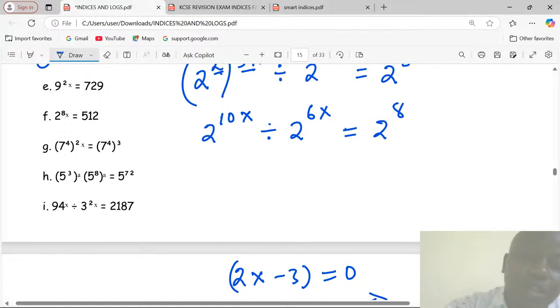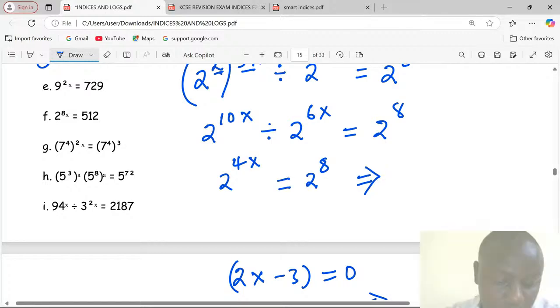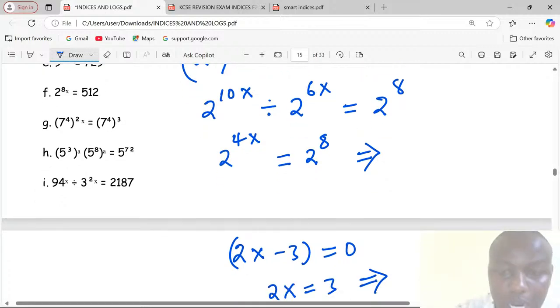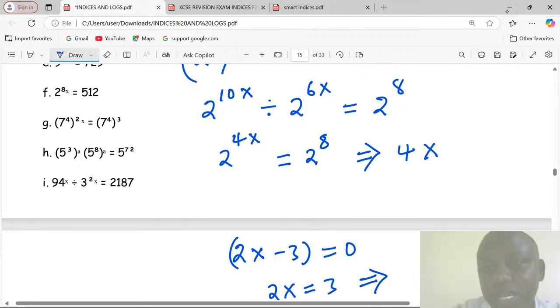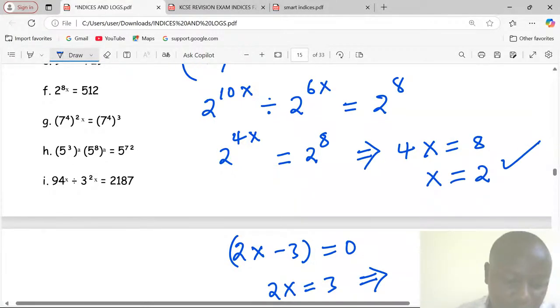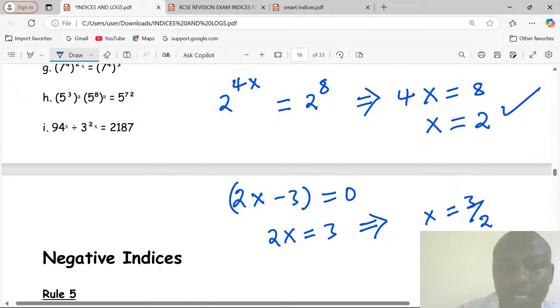So we have to take 2 and we subtract the powers. I'm having 10x minus 6x, giving us 4x, equivalent to 2 power 8. Therefore, I can now equate the powers and talk about 4x being equivalent to 8. So the value of x becomes 2.